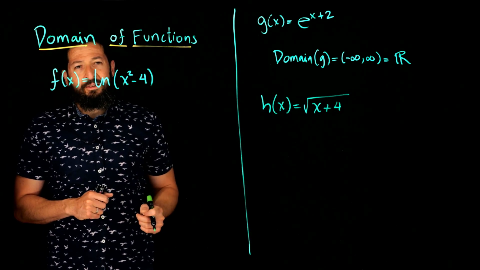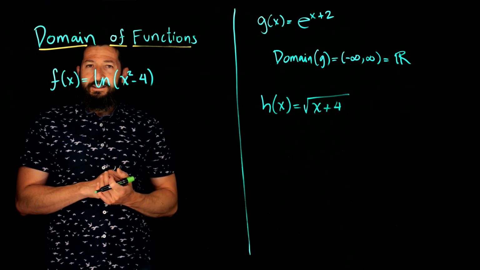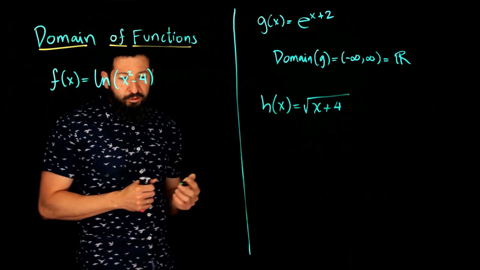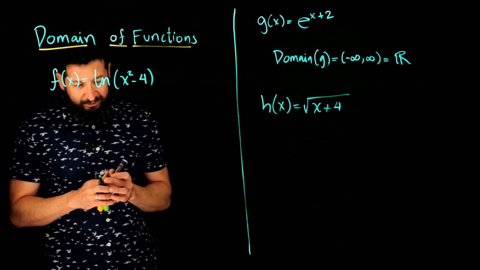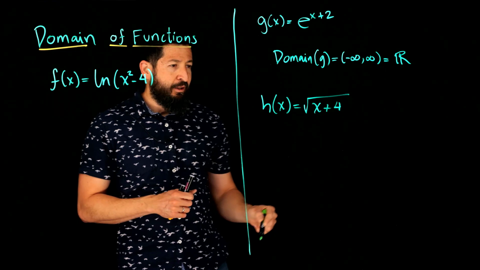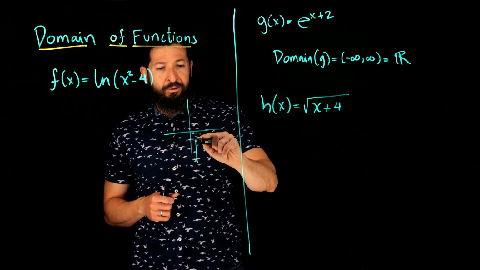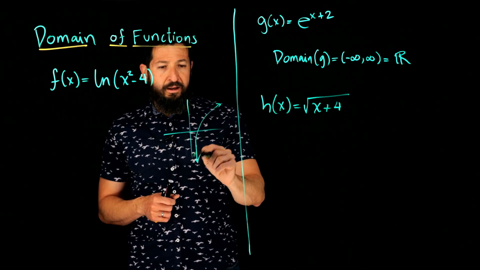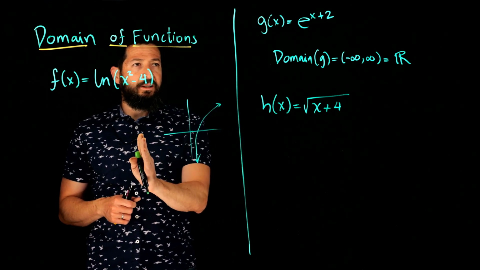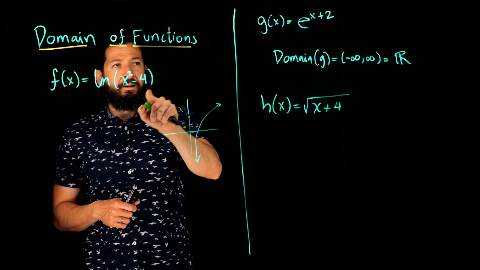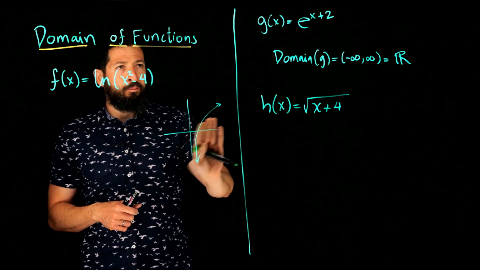So now let's take a look at the expression here, the logarithm. So to remind you, the graph of the logarithm, just straight up logarithm, has an asymptote at 0 and is undefined to the left. So it's only defined when the argument of the logarithm is strictly positive.